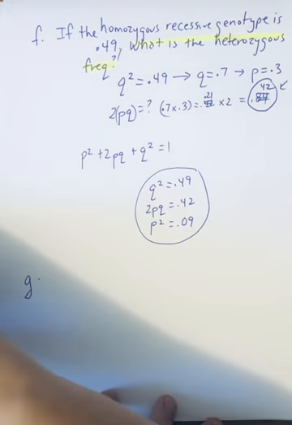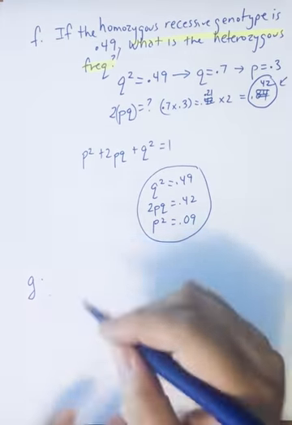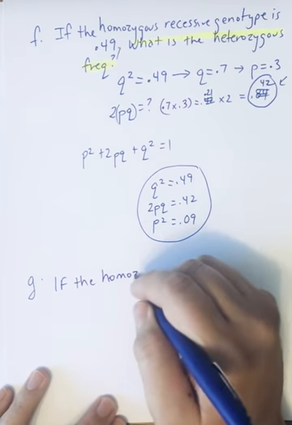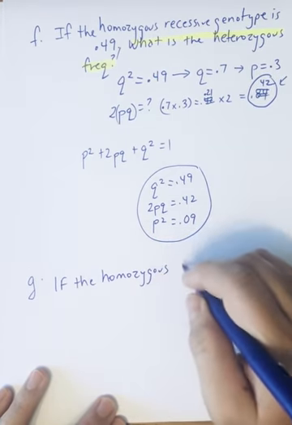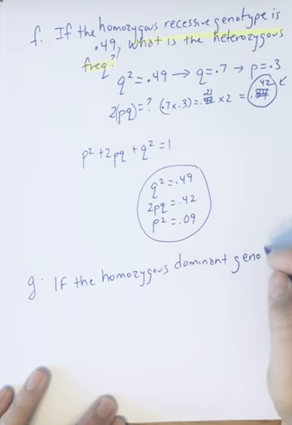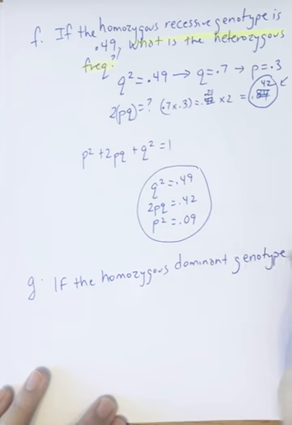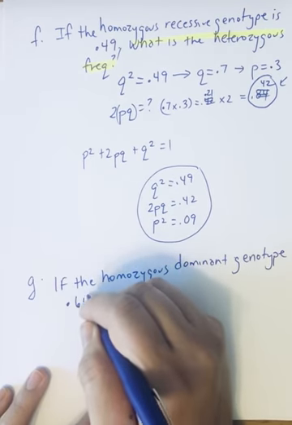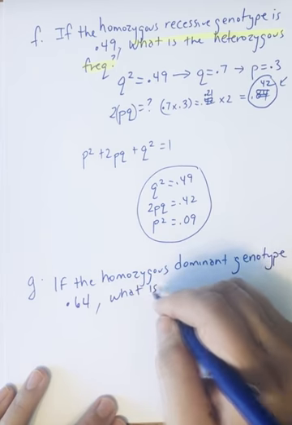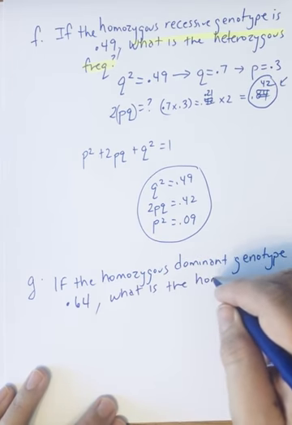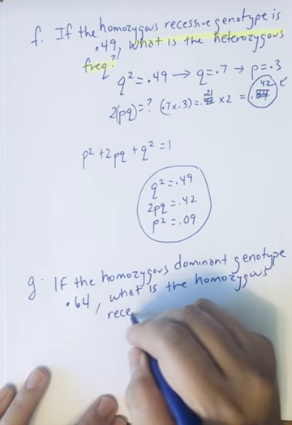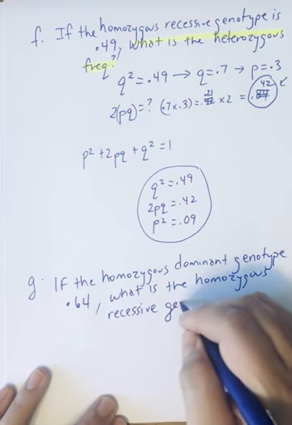All right, the next example. If the homozygous dominant genotype is 0.64, what is the homozygous recessive genotype?